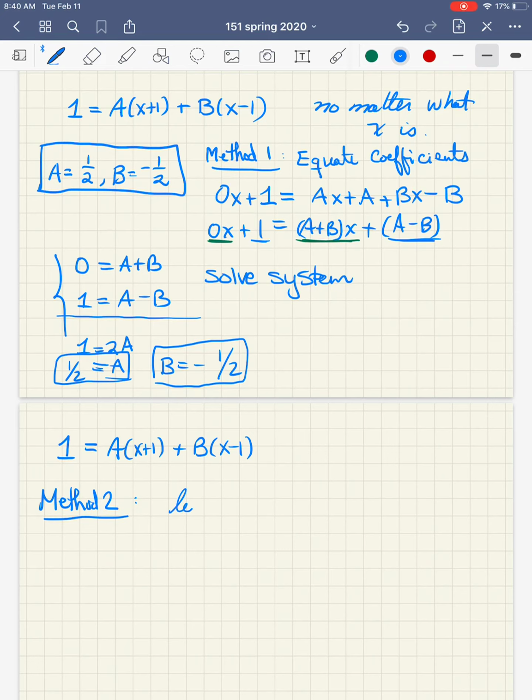For instance, if I let x equal 1, then I plug that into the equation and I get 1 equals a times 2 plus b times 0, and that immediately tells me that a has to be 1/2.